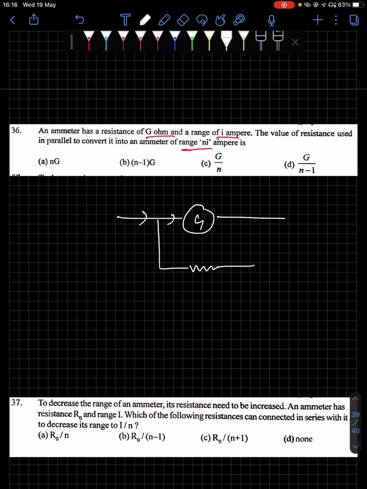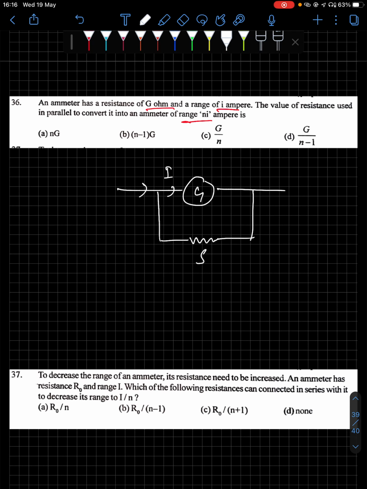You don't have to draw two circuits. When this shunt was not connected in parallel, say I current was passing through the ammeter, in that case your voltage across the ammeter was Ig, right? Now this is a parallel setup, therefore the voltage will be the same.